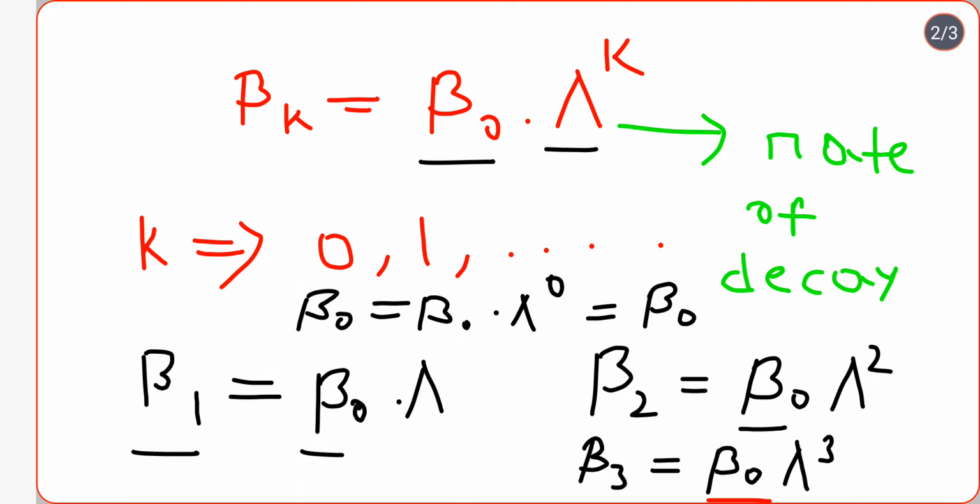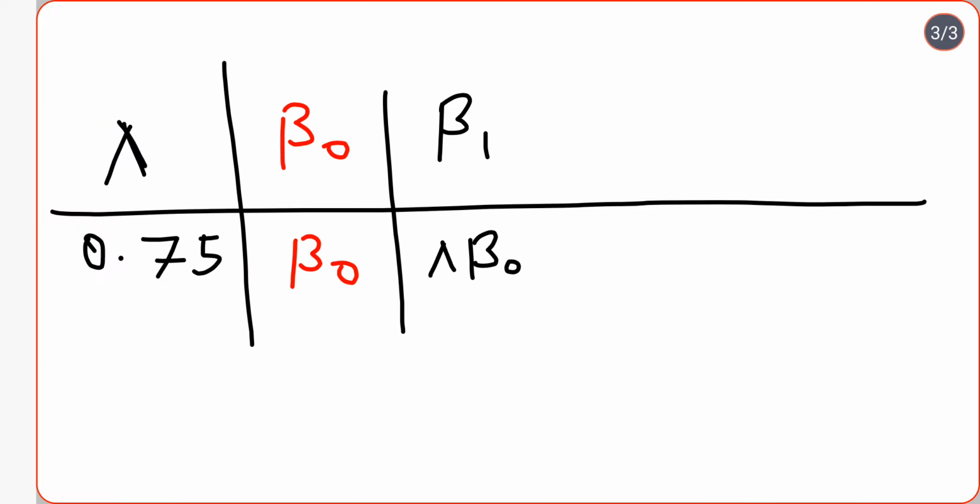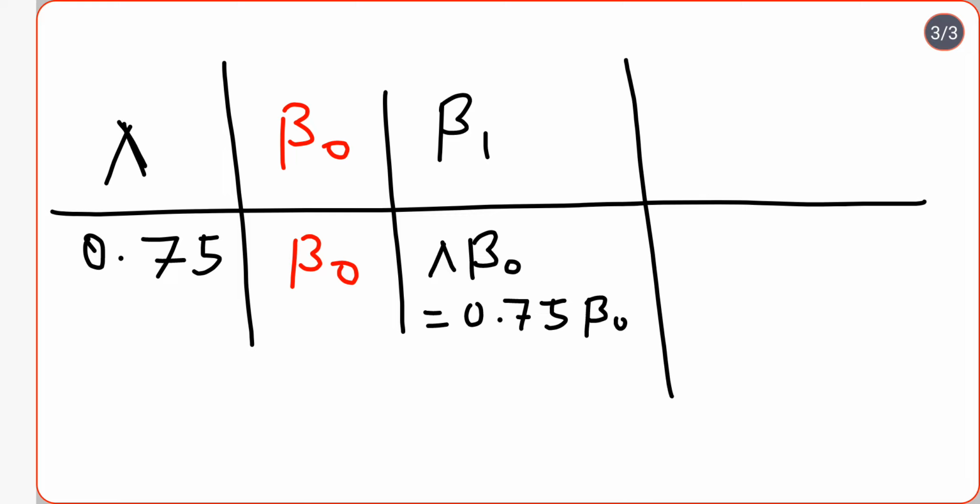So it can be written as 0.75 into beta 0, right? Now how can I write beta 2?